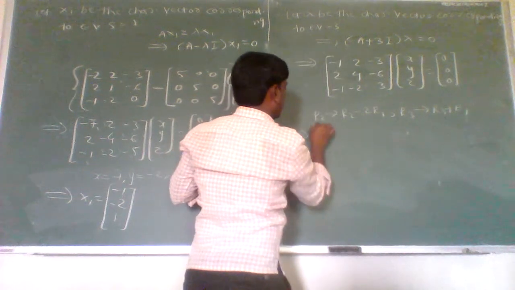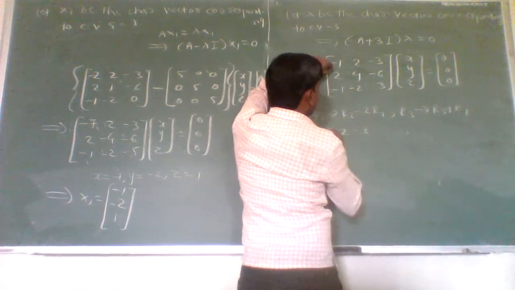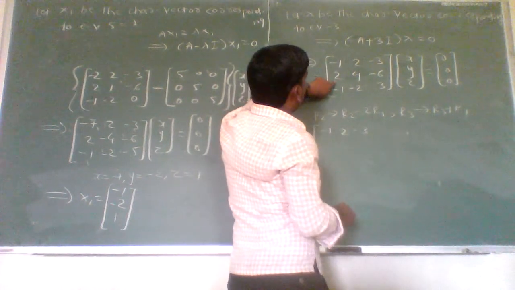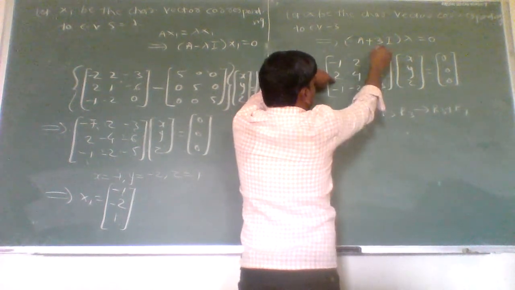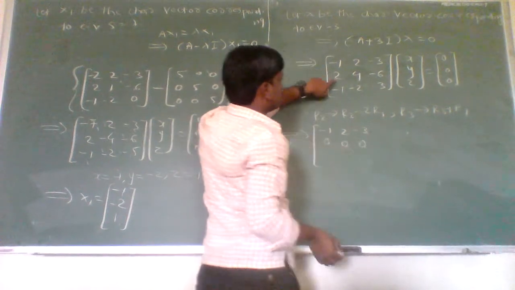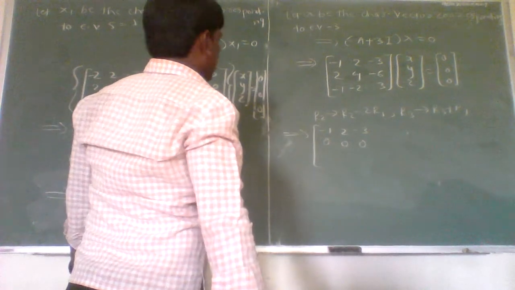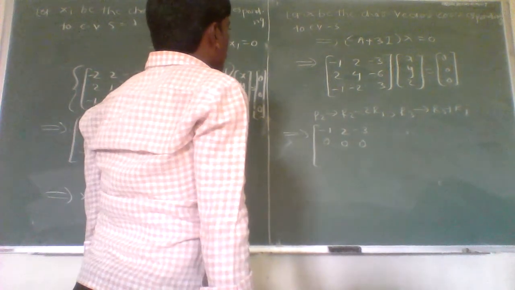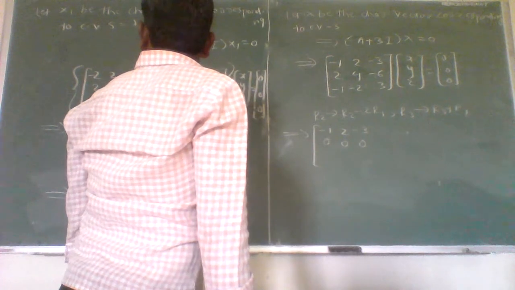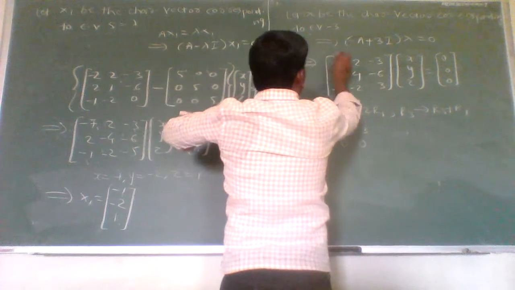Then we get minus 1, 2, minus 3, and 2 minus 2, 0, 4 minus 4, 0, minus 6 plus 6, 0. Minus 2 plus 3, it is a plus 1.